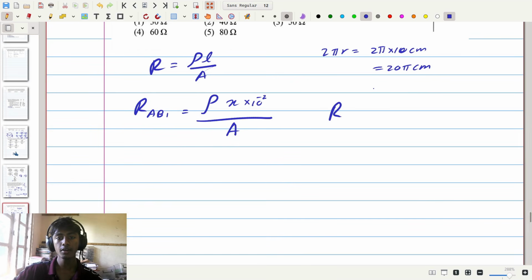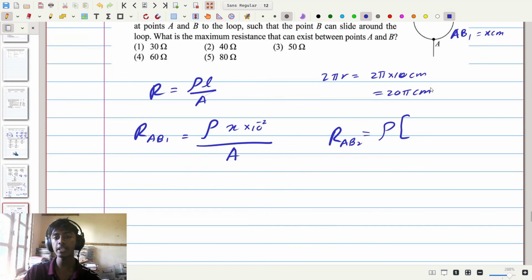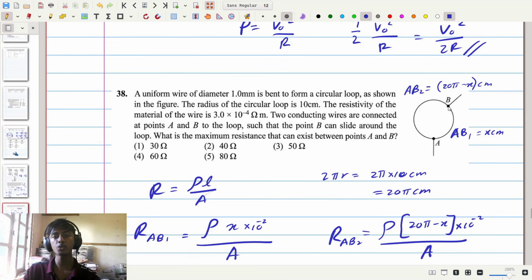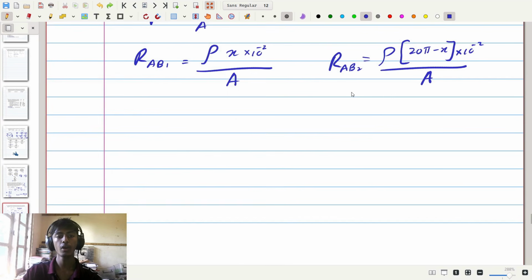Similarly, for R_AB2, we'll have rho times the length of 20 pi minus x centimeters, or 20 pi minus x times 10 to the minus 2 meters, divided by A. Since the two resistors R_AB1 and R_AB2 are parallel to each other, we can say 1 over R, where R is the total resistance, is equal to 1 over R_AB1 plus 1 over R_AB2.